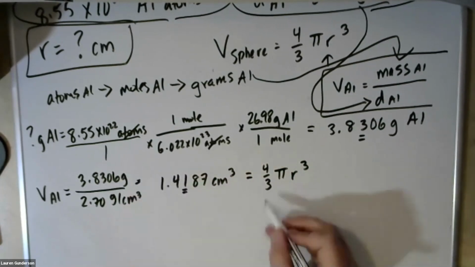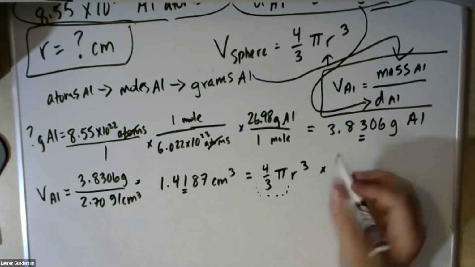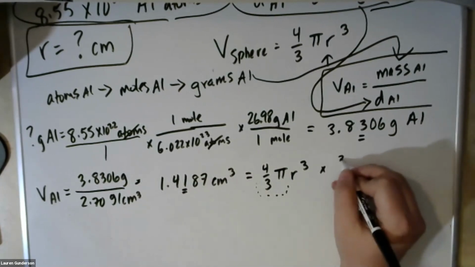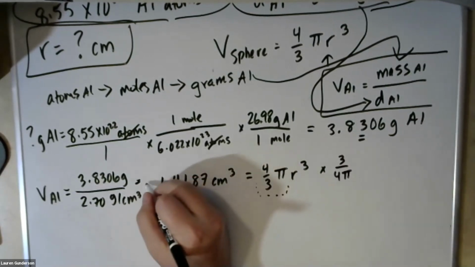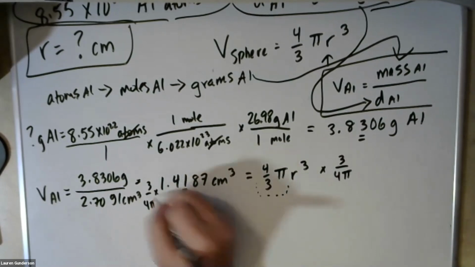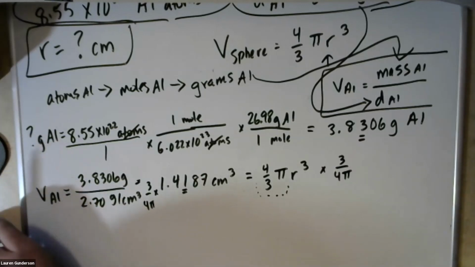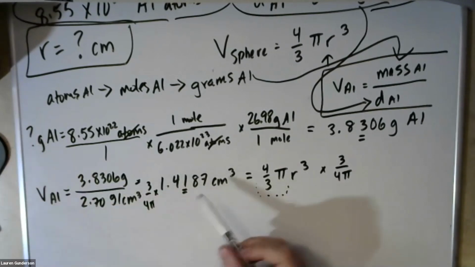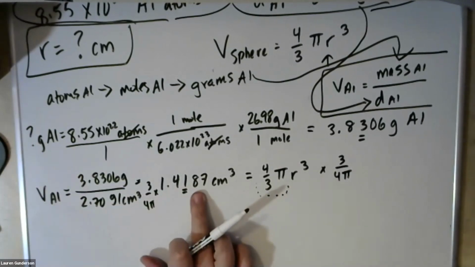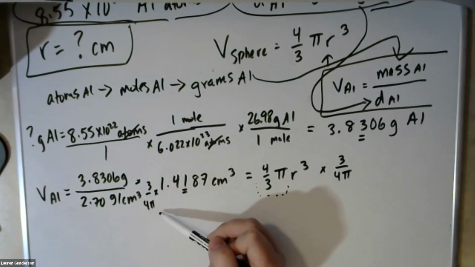I am going to move these terms to the other side by multiplying by the inverse. So I'm going to multiply this side by 3 divided by 4 pi. I'm going to multiply this side by 3 divided by 4 pi. Okay. And remember when you're putting this into your calculator, it's 1.4187 times 3 divided by 4 divided by pi.